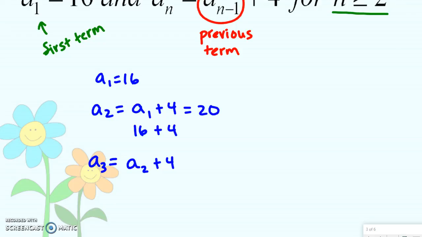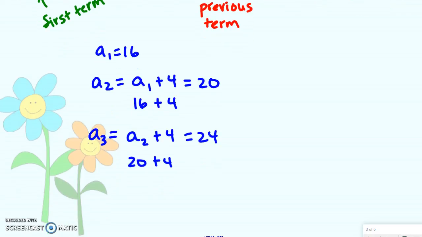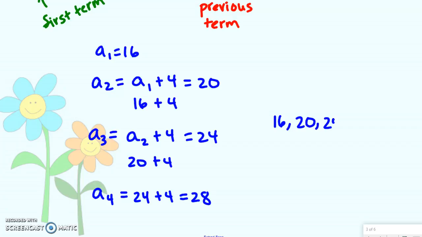A sub 2 was 20. 20 plus 4, so that's 24. Okay, go ahead and pause it and do A sub 4. Okay, so then you should do 24 plus 4, which is 28. So my first four terms: 16, 20, 24, 28.